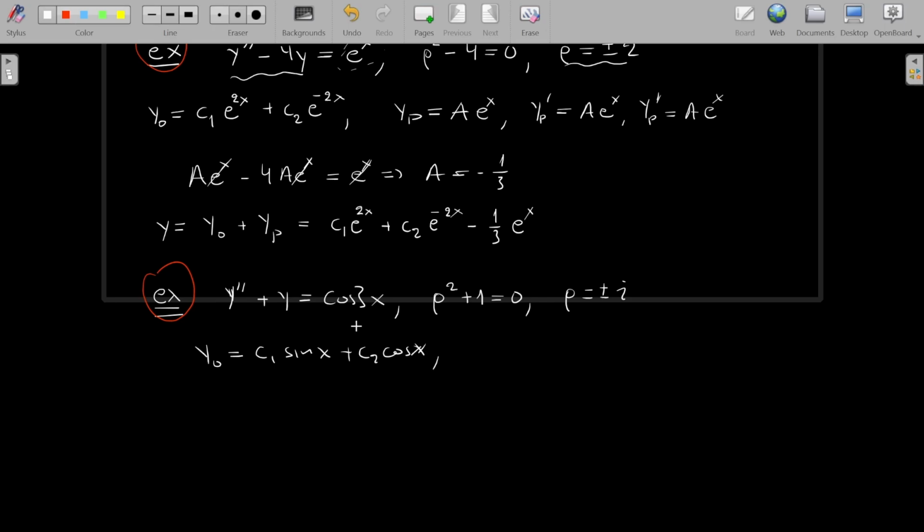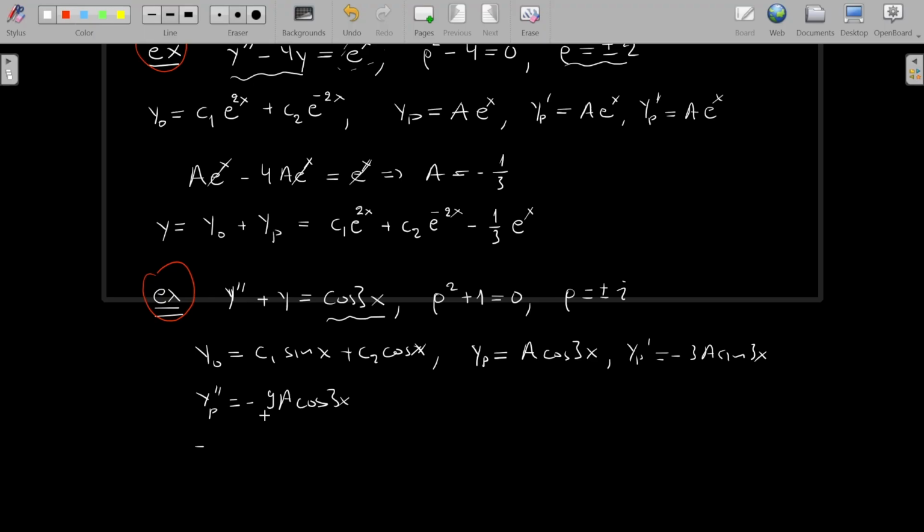And like we said, since this is the non-homogeneous part, we're going to try and find a solution that has a constant of the same argument, 3. Now, yp prime is going to be minus 3a sine 3x, and yp double prime is going to be minus 9a cos 3x.